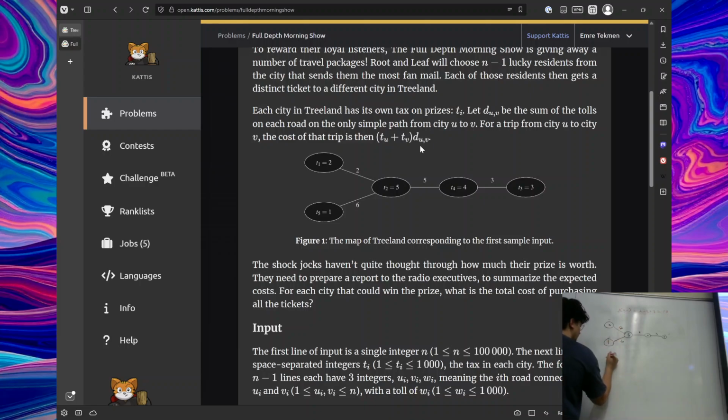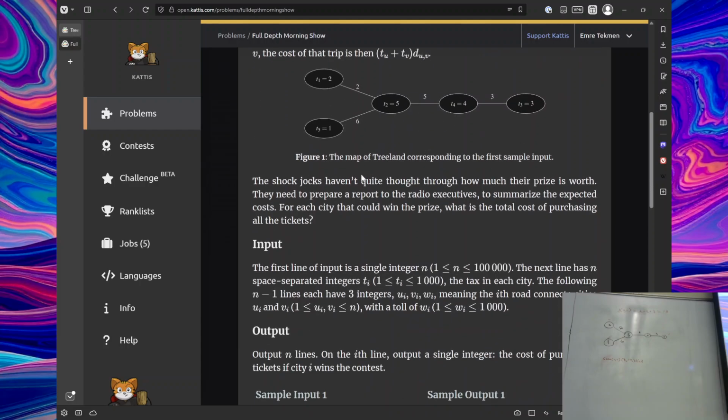We call it cost, right? The cost u to v is basically this, but we also need to include the taxes at the cities. Let's keep reading.